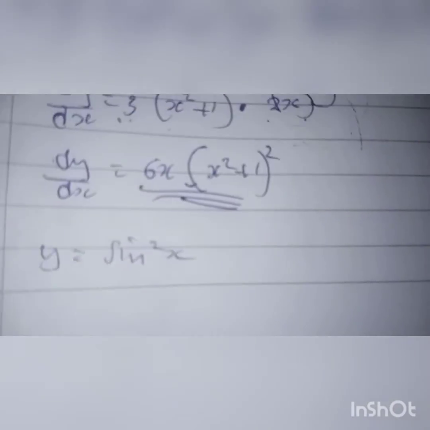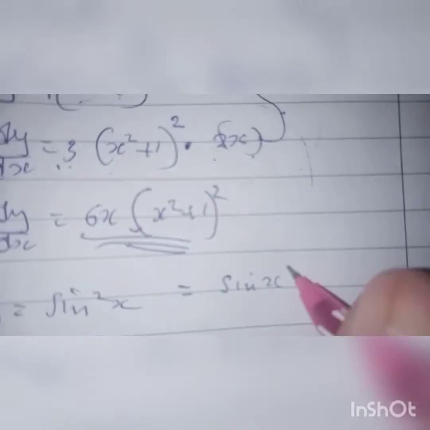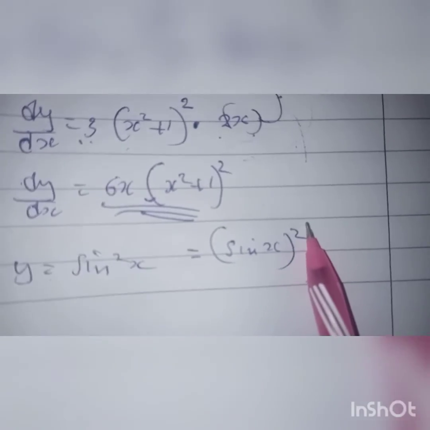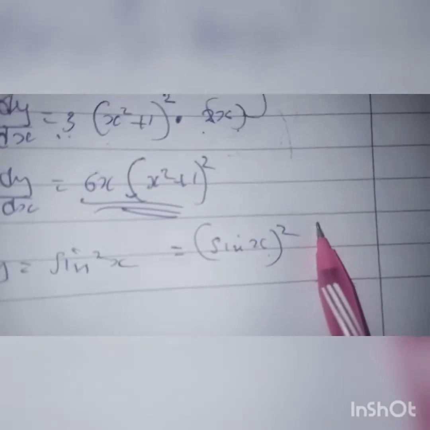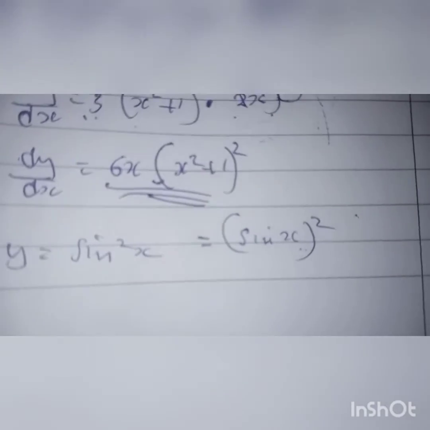You can see sine squared of x mathematically is the same as writing it sine of x, squared. But we said that wherever you see a function of x being squared, the technique that is suitable for differentiating such a function is the chain rule technique.